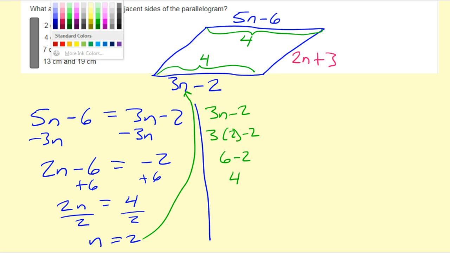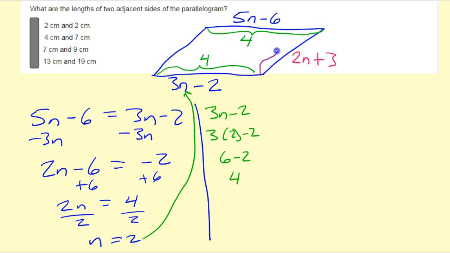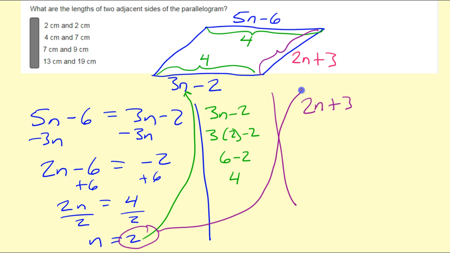Now let's figure out what this side is. Well, this side has length 2n plus 3. Again, we know that n is 2, so we can substitute that in. So that'll be 2 times 2 plus 3, or 4 plus 3, or 7.